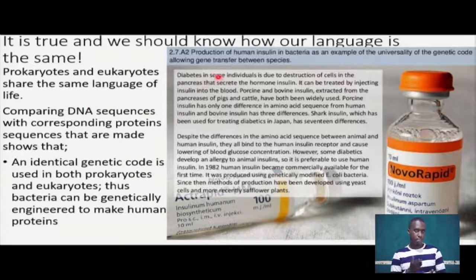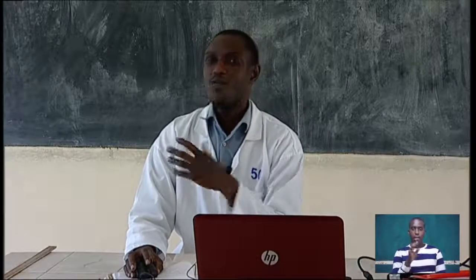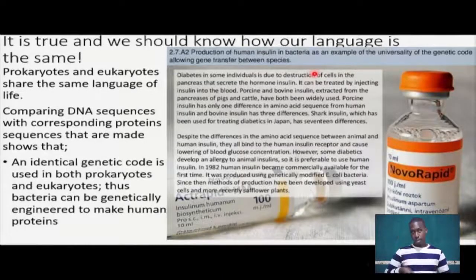That the production of human insulin in bacteria is one good example of the universality of the genetic code. There is so much in it that we still do have useful bacteria. If I'm diabetic, I don't need to depend on an animal to get insulin. So they can genetically engineer bacteria to be able to produce the insulin that I do need.